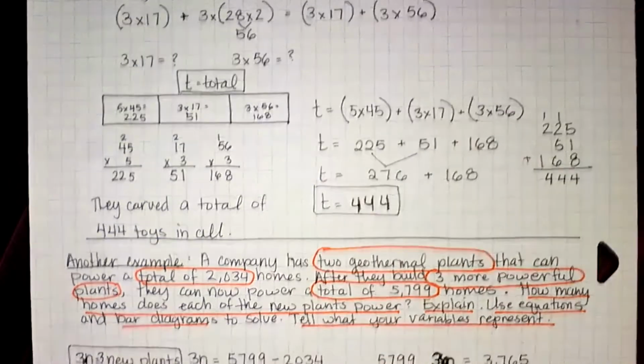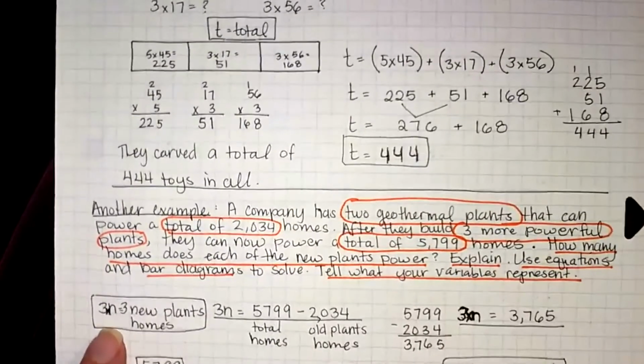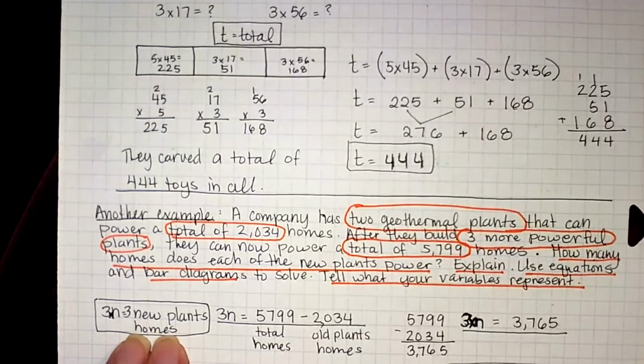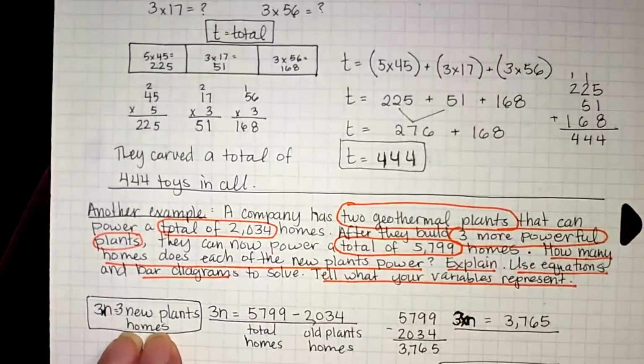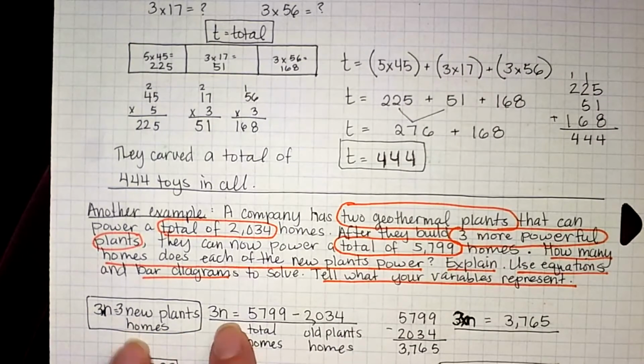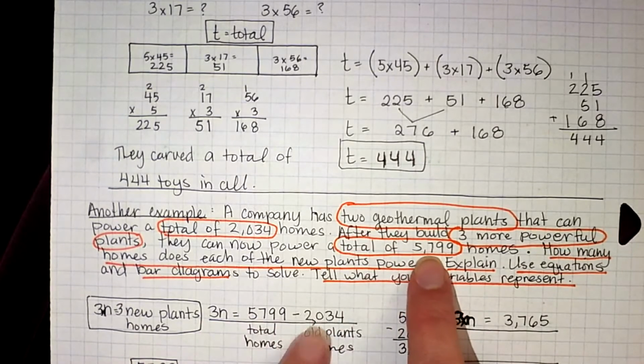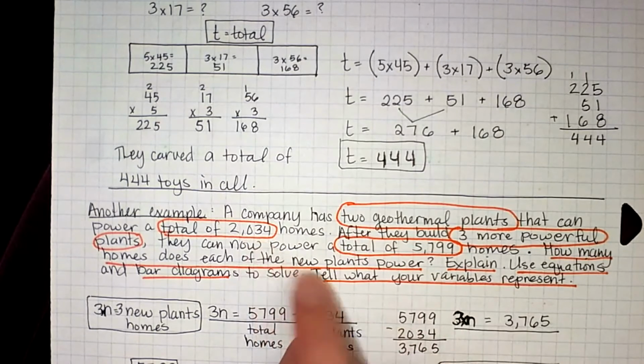So let's take this one step at a time. We know 3 times n. I'm going to make n my new power plants. 3 times n is equal to the 3 new plants' homes. So 3 times n is equal to 5,799 minus the 2,034 that were powered by the original 2 plants.